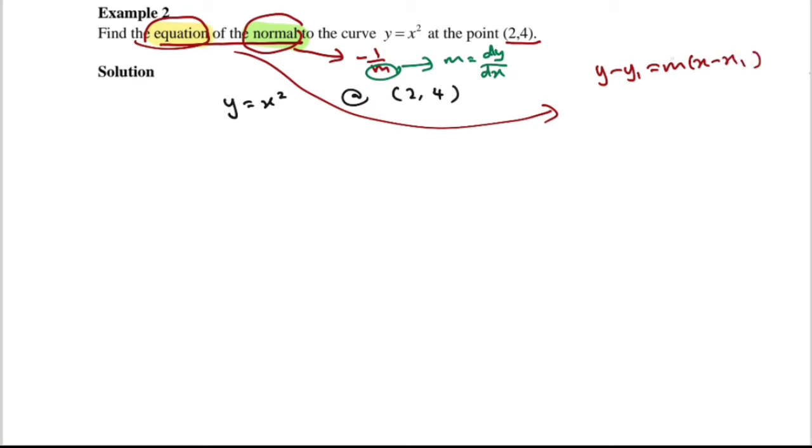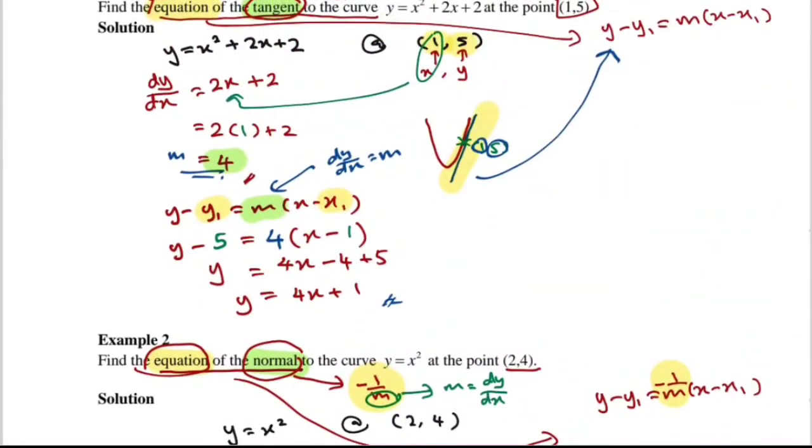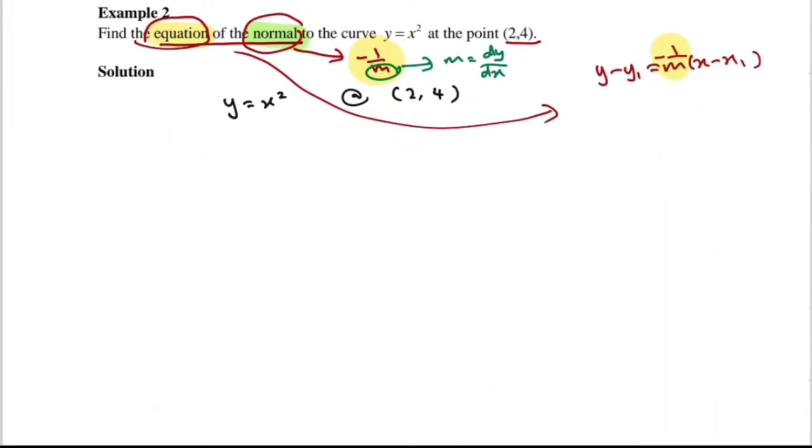But this is not m, because m is the formula of gradient, so this should be negative 1 over m, because now the gradient of a normal curve is negative 1 over m. So for the equation of tangent, it's just m because the gradient is just m. But for the equation of normal, the gradient is negative 1 over m.